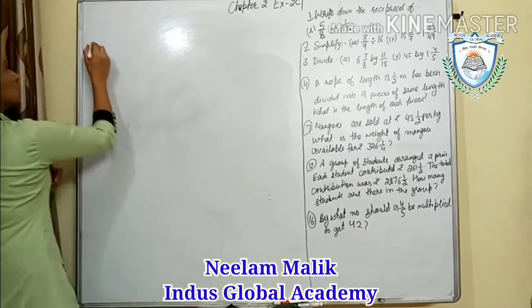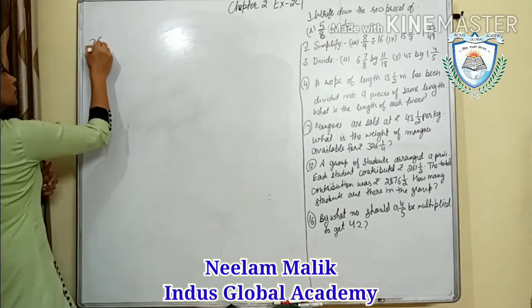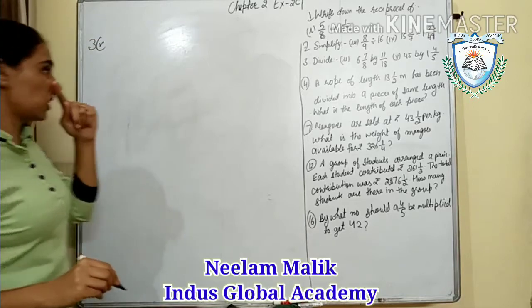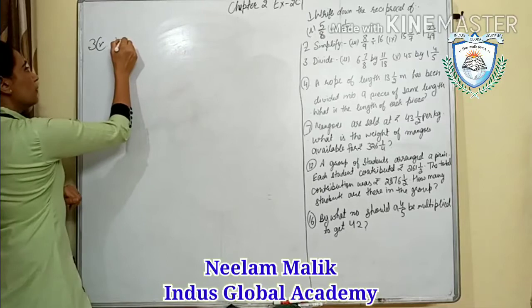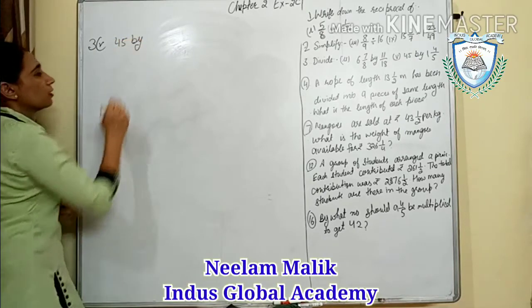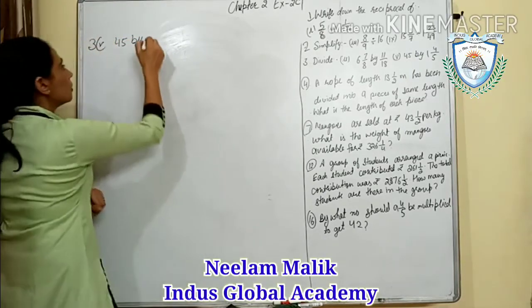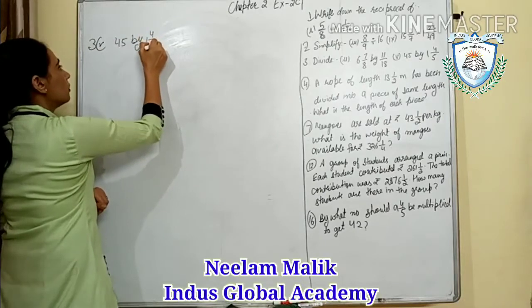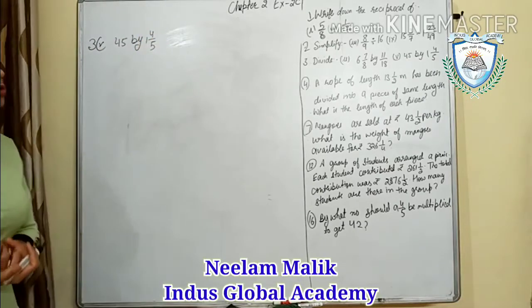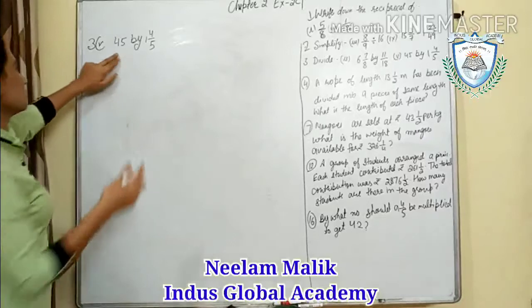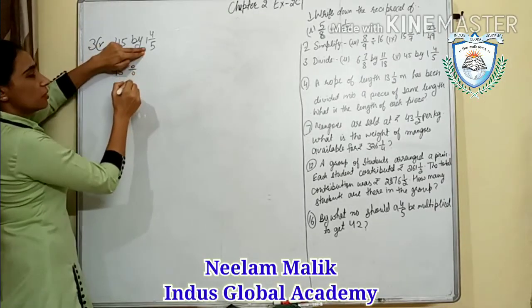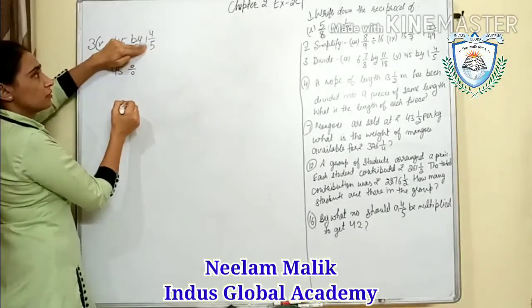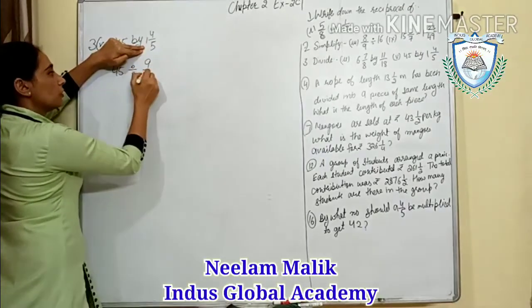Fifth part of question number 3. What is our statement? We have to divide 45 by 1 whole 4 upon 5. Okay, so first write this as it is. 45 divided by, it will be 5 ones are 5 plus 4, 9 upon 5.